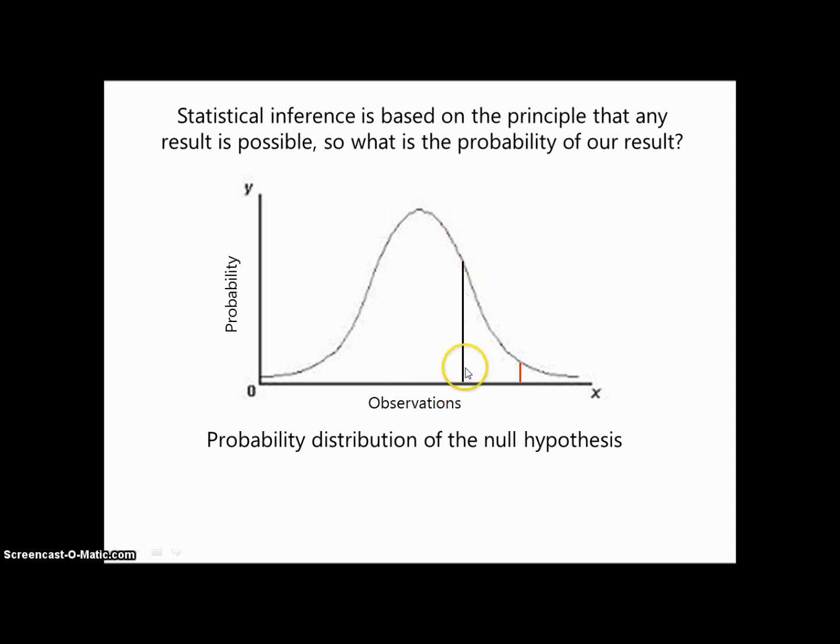Let's say this observation, in black, was our data, and we have our cutoff of our acceptable p-value at 0.05 over here. Because our observation falls within the range of what we would probably expect, we can make conclusions based on that.